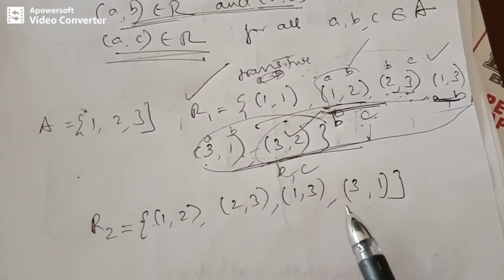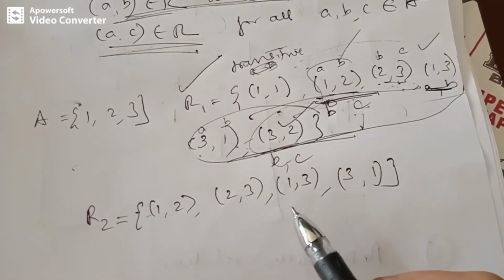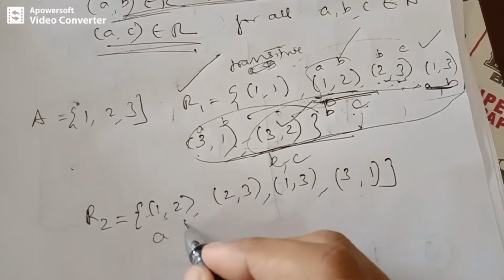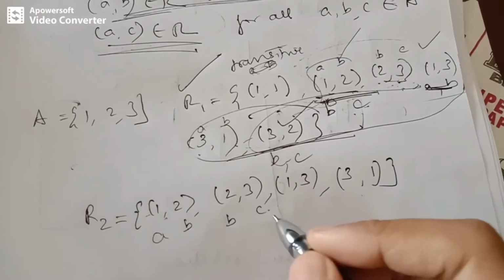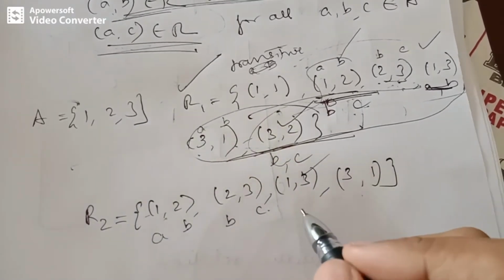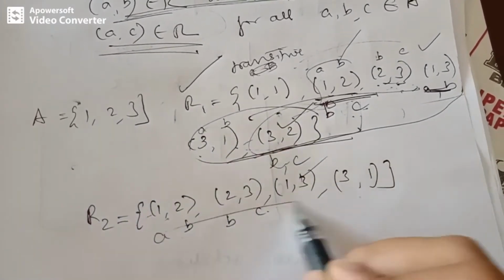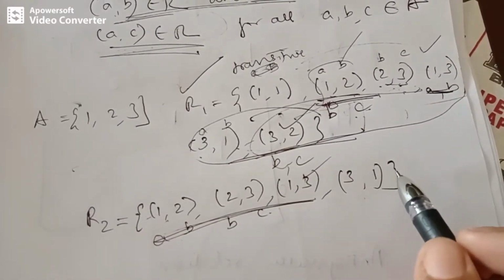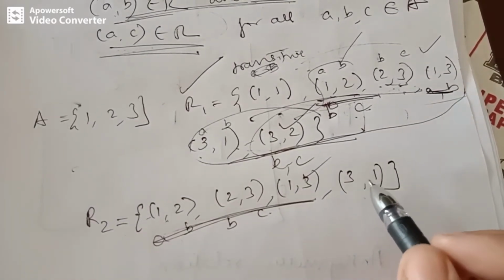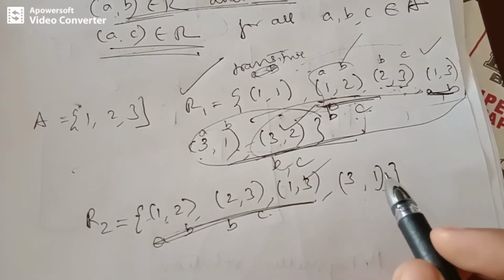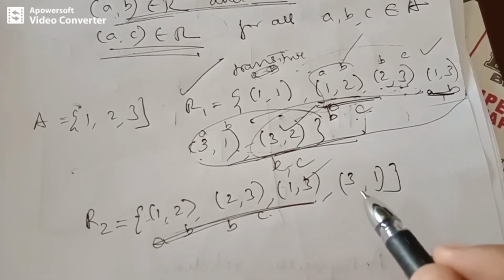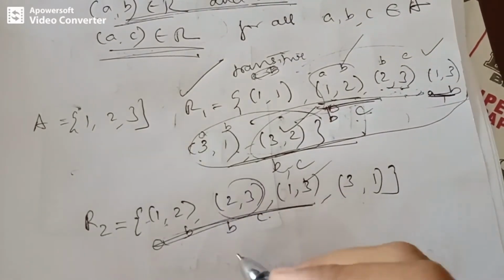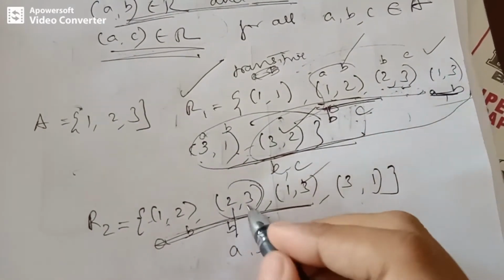Let's look into what is relation R2. In relation R2, you are supposed to verify whenever A comma B belongs to R, B comma C belongs to R, I do have A comma C belongs to R. What about the other? You need to check for all the pairs. If I consider this A comma B, A is 2, B is 3.